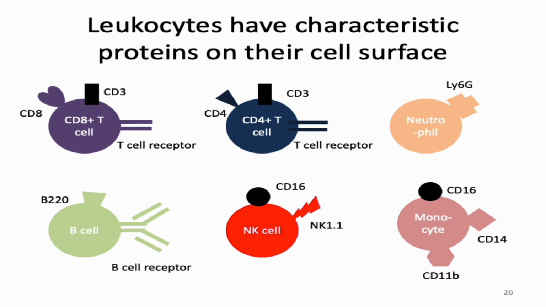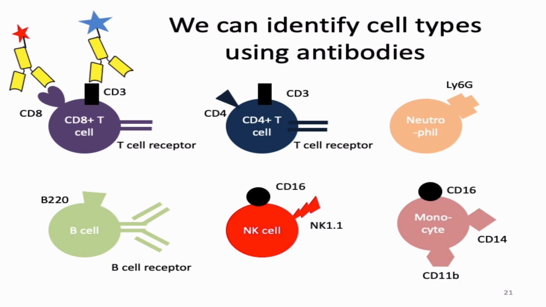So that's cool, but I can't really see those under a microscope. I can't look at a cell and be like, ah, yes, the CD3 protein. But what I can do is I can use antibodies that bind to those different proteins to help me find those cells of interest.